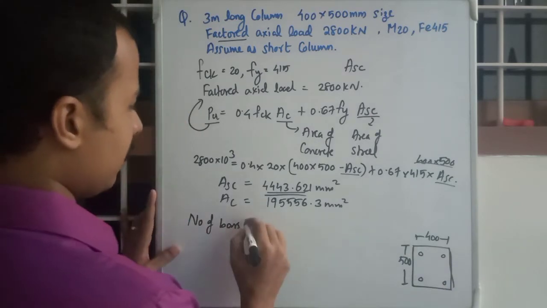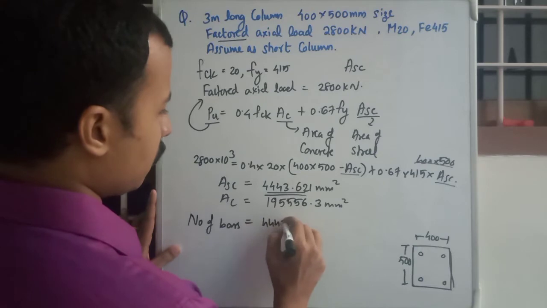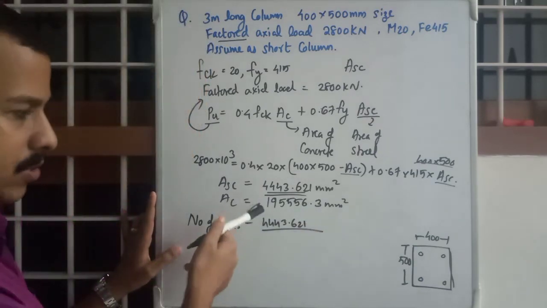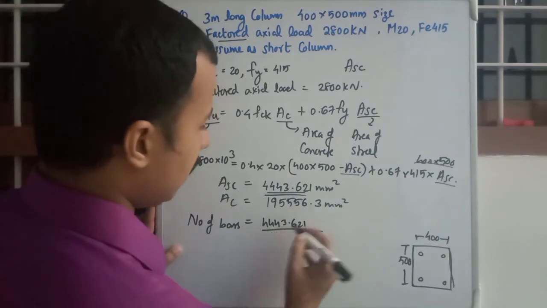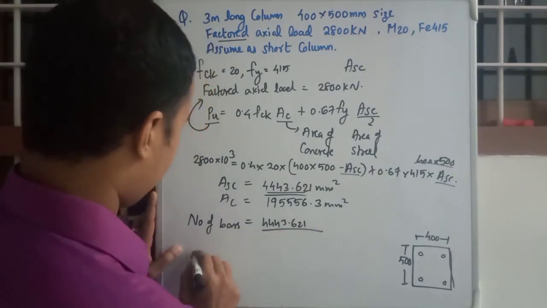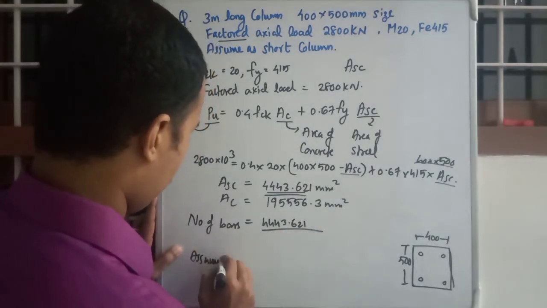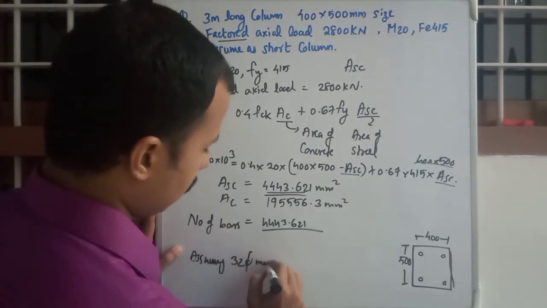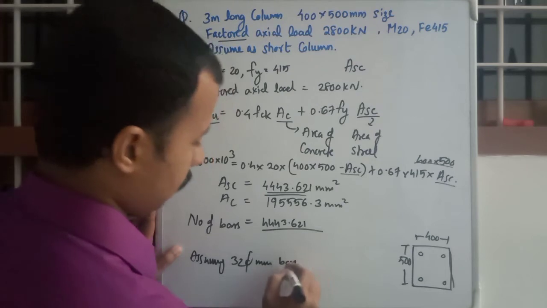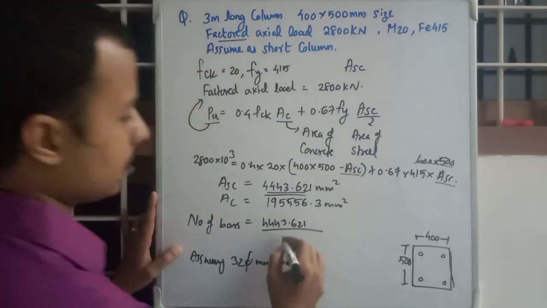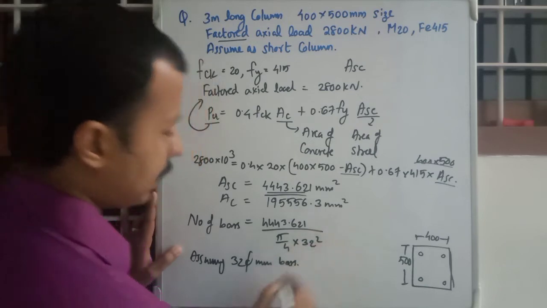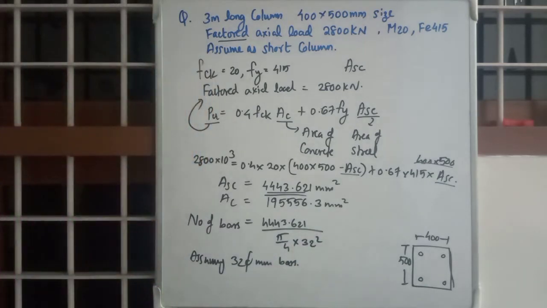So the number of bars will be equal to 4443.621 divided by the area of a single bar. We are assuming 32 diameter bars, so pi by 4 into 32 square.